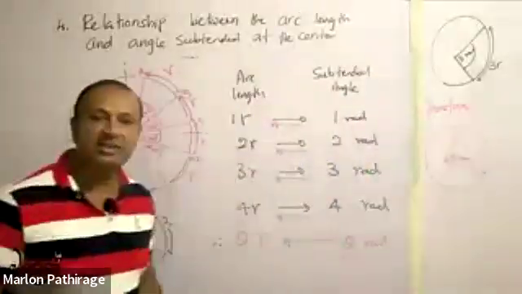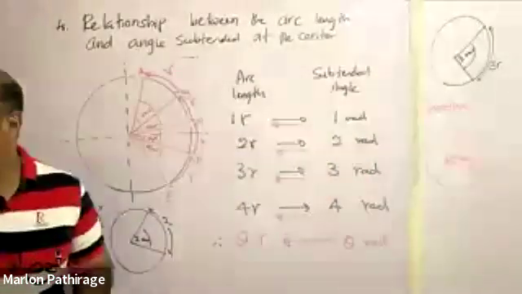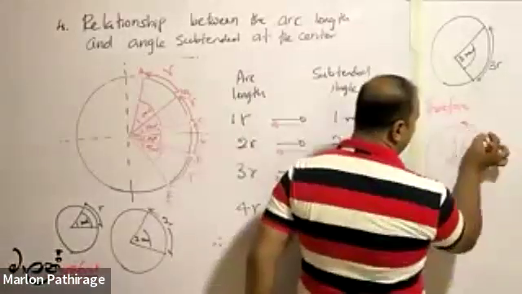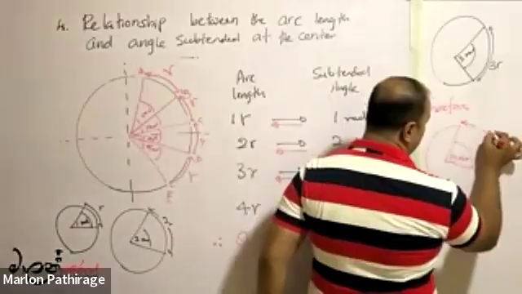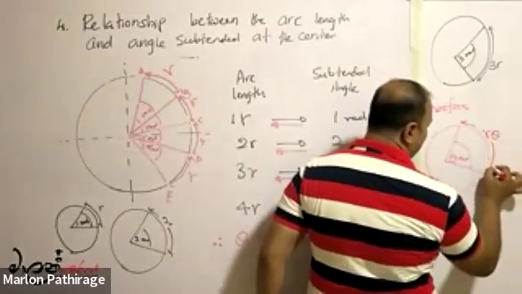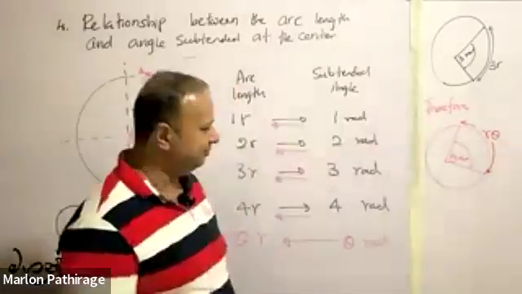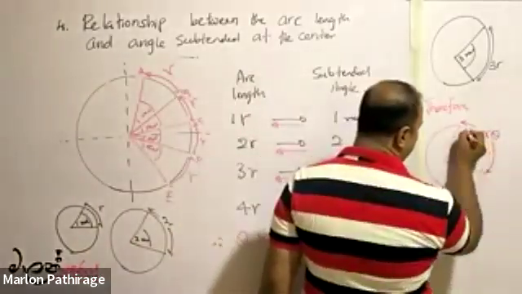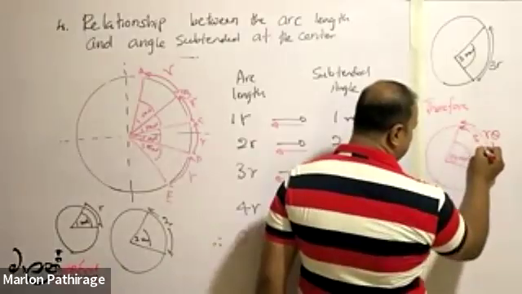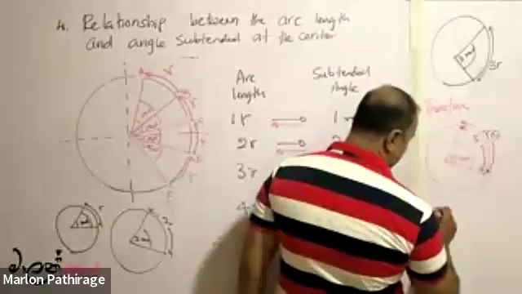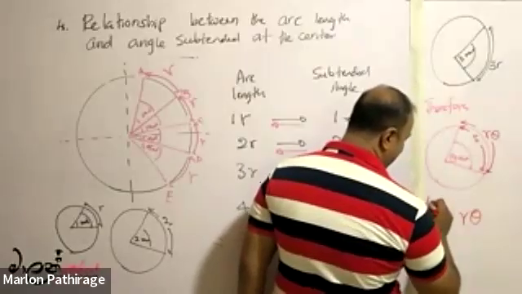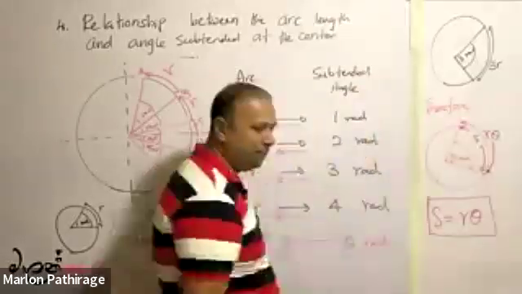If the angle is theta radian, the arc length should be r theta, or theta r. Therefore, if this arc length is s, then s equals r theta.